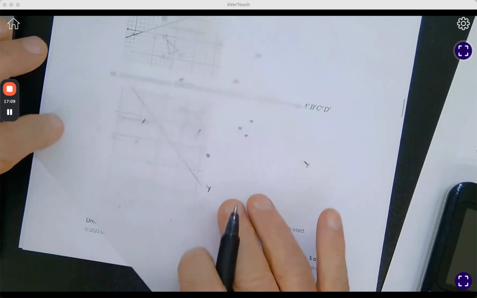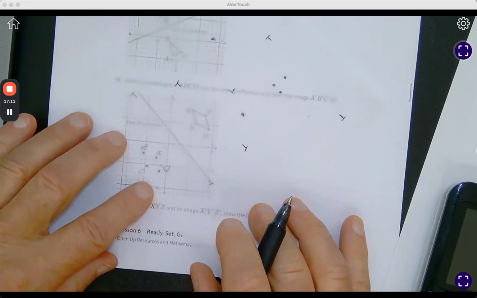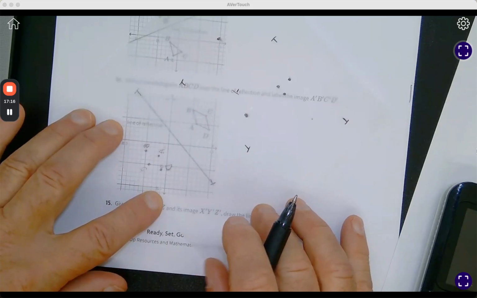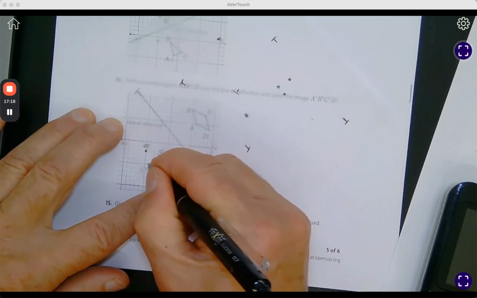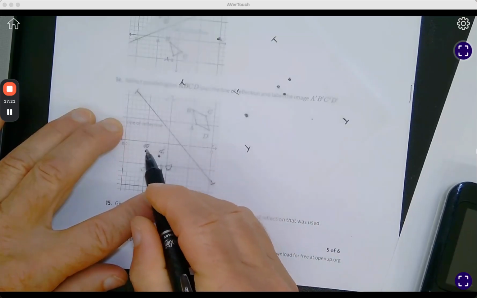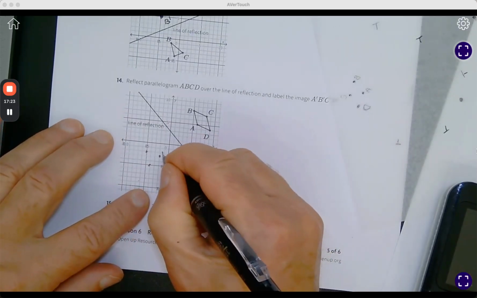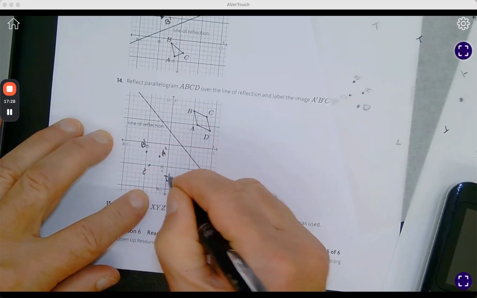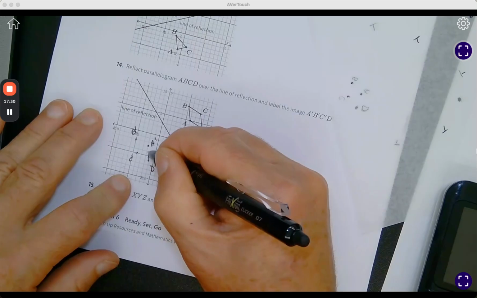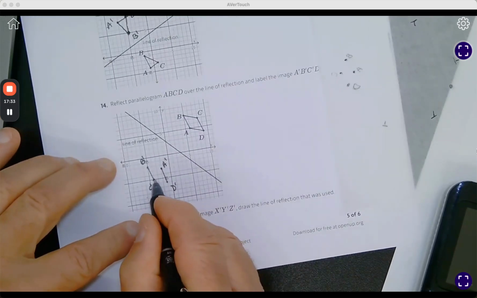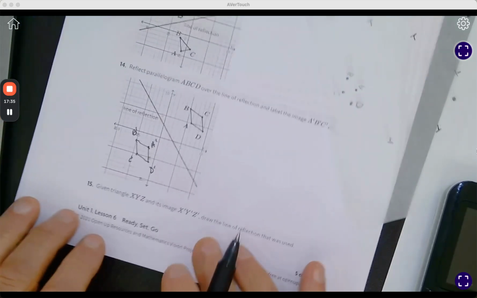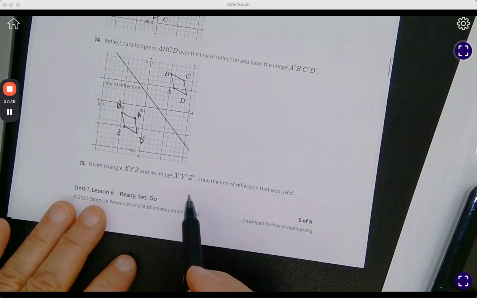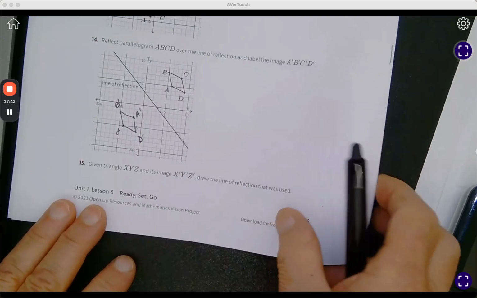Flip it. Right there. Notice that's A, B, C, D. Connect them. Done. Money.